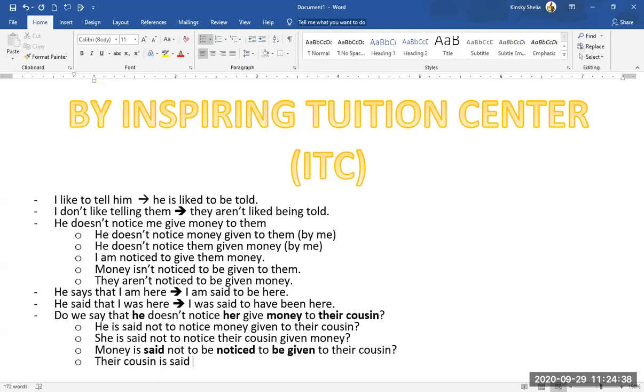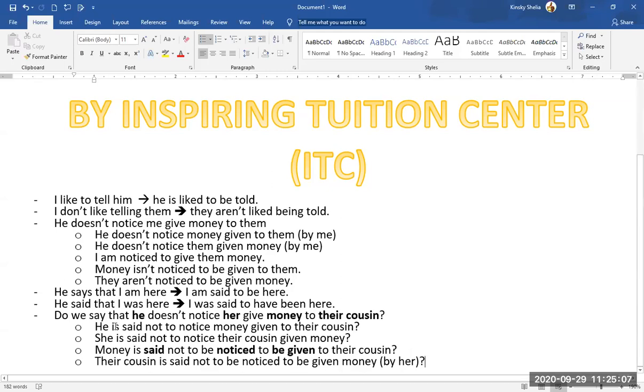Their cousin is said not to be noticed, to be given money, actually by her. But we do not put the doer because we consider that it is not important enough, so we do not put the person that gives the money at the end of the sentence. Just make it disappear.